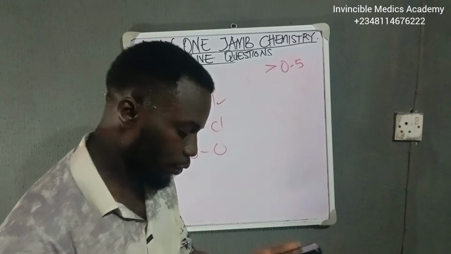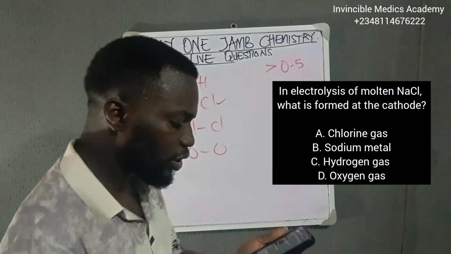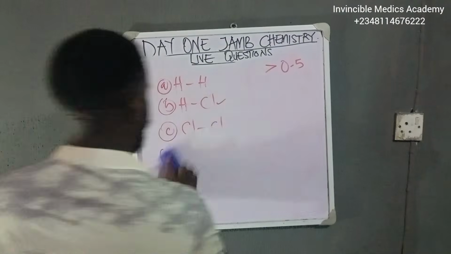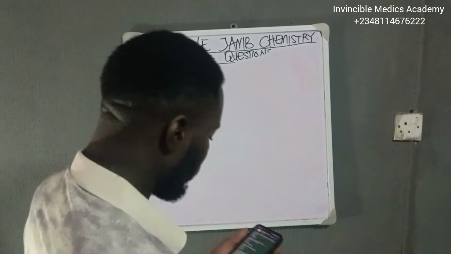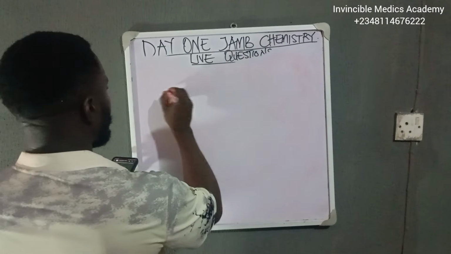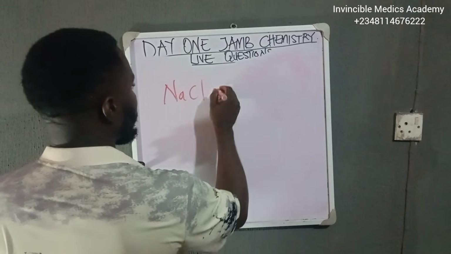Then the last question for today, for this particular session, says in electrolysis of molten sodium chloride, what is formed at the cathode? So first of all, you have sodium chloride, right?